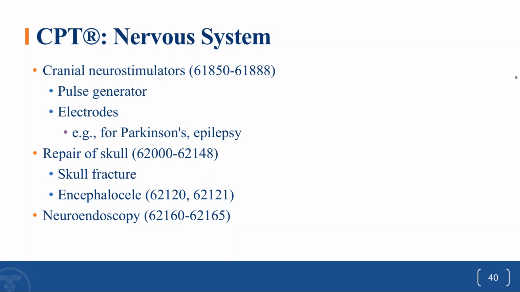And what are they removing? The pulse generator or receiver. With CPT code 61880, they're removing electrodes. And remember, your pulse generator, if you're not familiar with what a pulse generator is, that's the battery. It's the battery. So that was for insertions or revisions. And then you can see it goes to repairs.